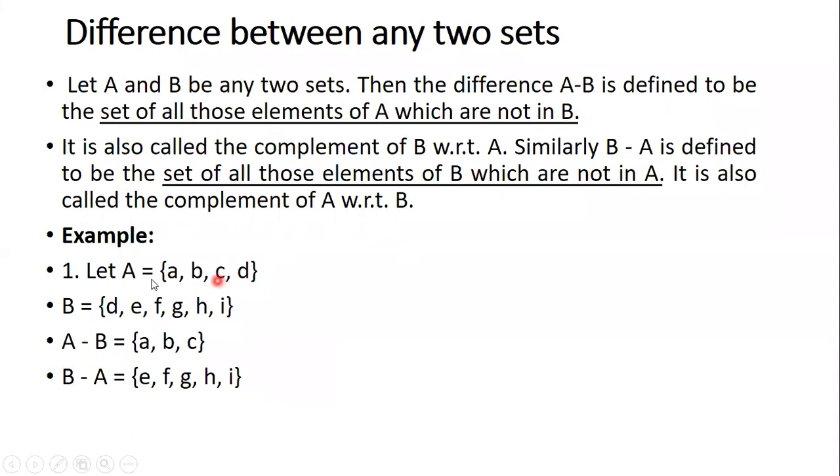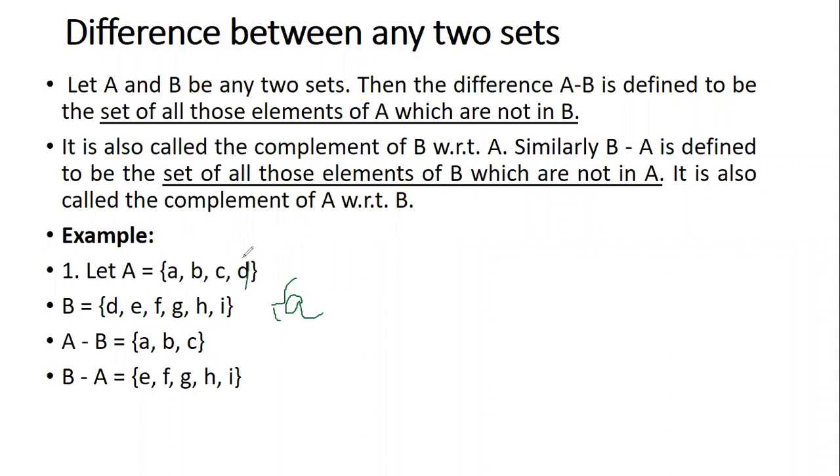So we understood here we have set A: A, B, C, D, and set B: D, E, F, G, H, I. Now how do we find A minus B? Set of those elements of A which are not in B. Now when we are talking about not in B, is A in B? No. So A is considered. Leave out the common elements.